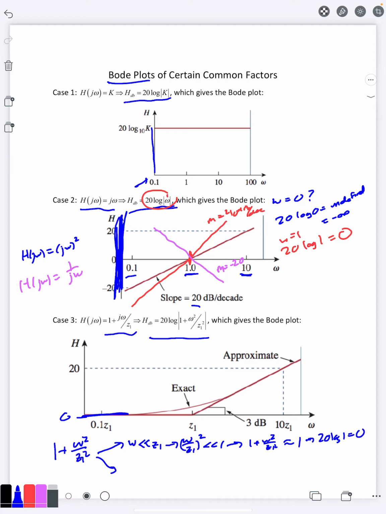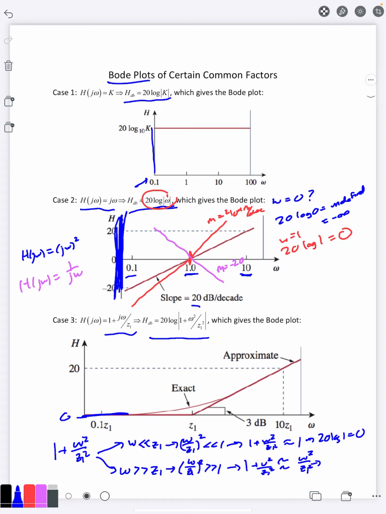However, if your omega is a much bigger number than your z1, then omega over z1 squared is going to be much bigger than 1. And if it's much bigger than 1, then adding 1 to it doesn't really change things. Like if you have $1 billion in the bank and you add $1 to it, you're not going to notice that. So this is going to be pretty much the same as just omega squared over z1 squared.